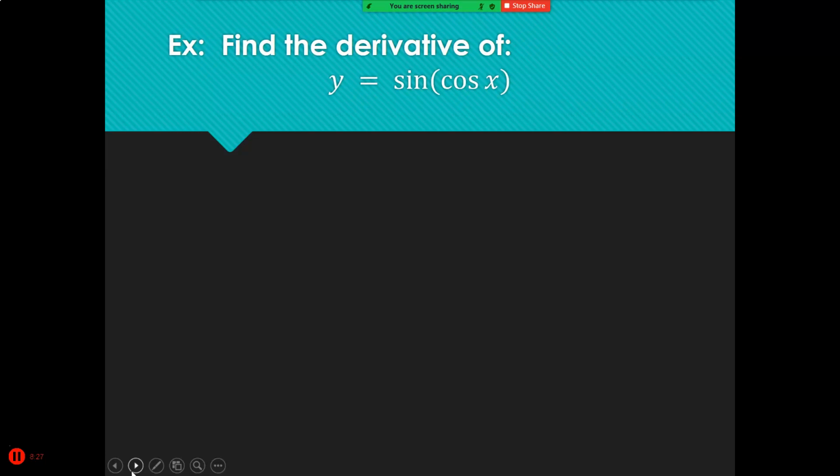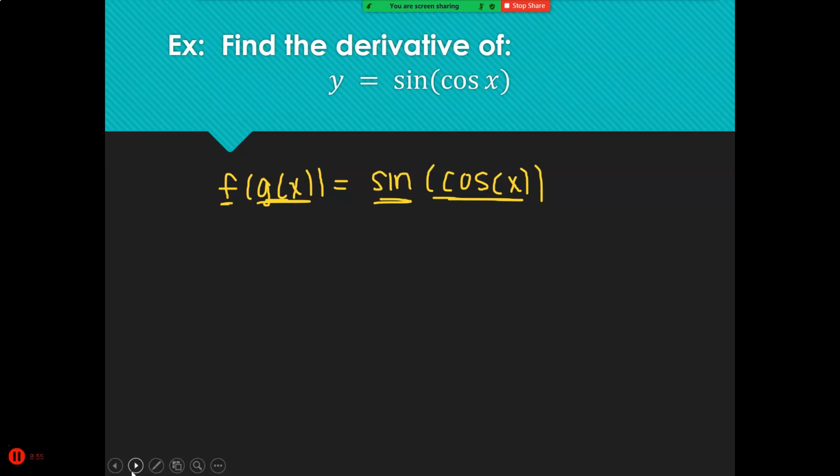So what's the outside function? The inside function? So this is kind of like saying f of g of x. And again, I'm just showing you the notation where it's the sine of cosine x. So you have cosine, which is like your g, inside f, which is like sine.